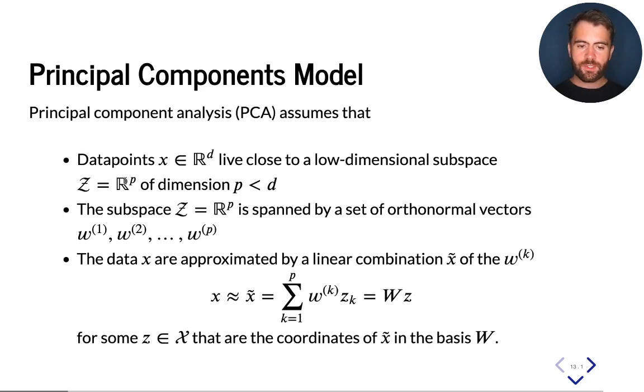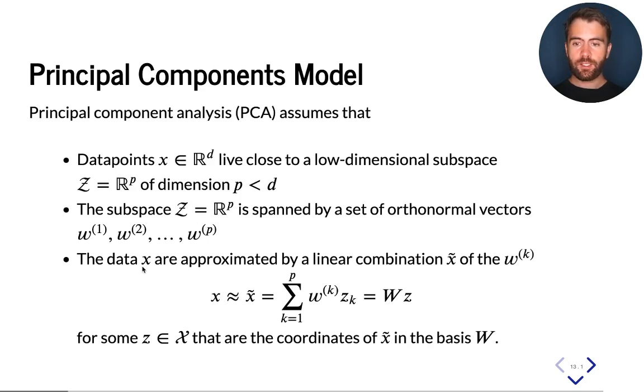And because this is a linear subspace, we can choose a set of orthonormal vectors which will be the basis of this subspace.